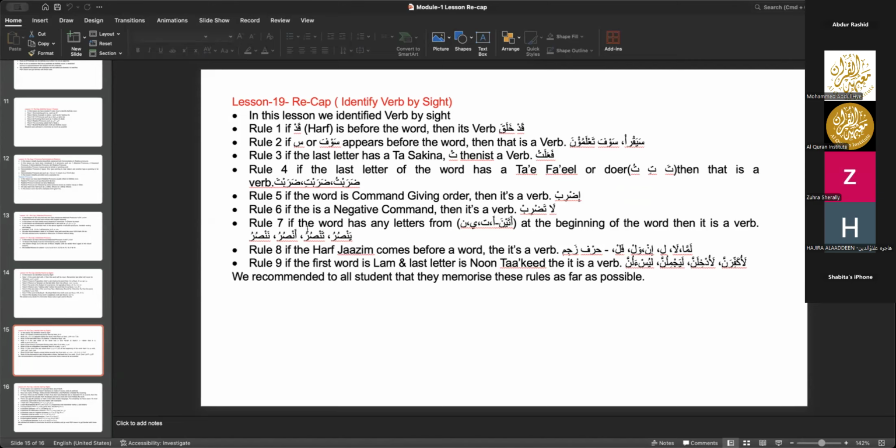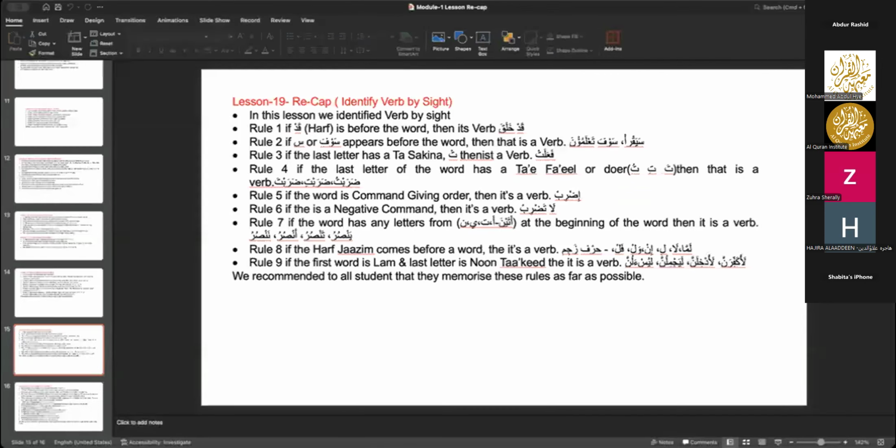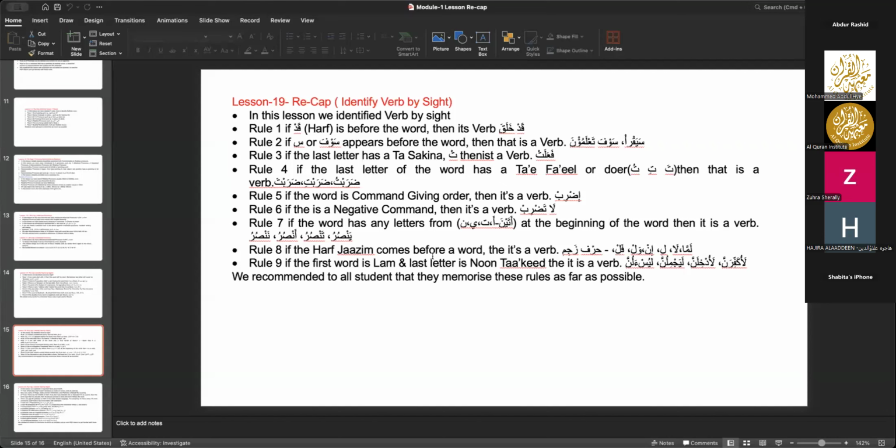Rule number 7, if the word has any letter from atayna at the beginning of the verb, like yansuru, tansuru, ansuru, nansuru. Rule number 8, if the harf jazim comes before a word, then it is a verb.